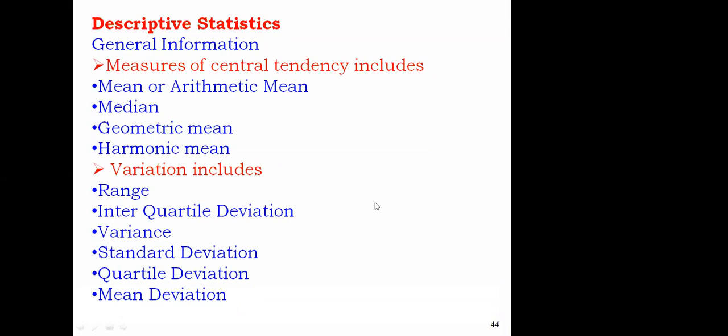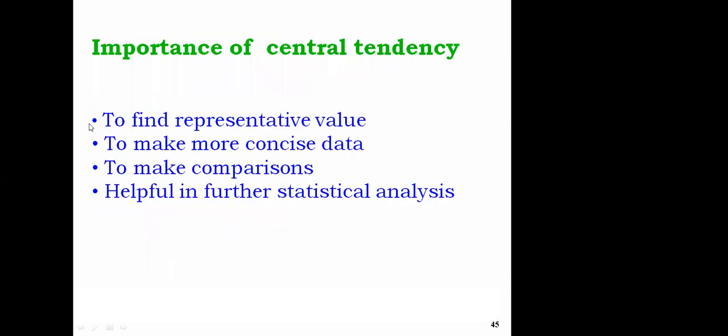Okay, so next, the importance of central tendency. Why do we find the mean, median, geometric mean, harmonic mean? To find a representative value, to make data more consistent, to make comparisons, and it is helpful in further statistical analysis.